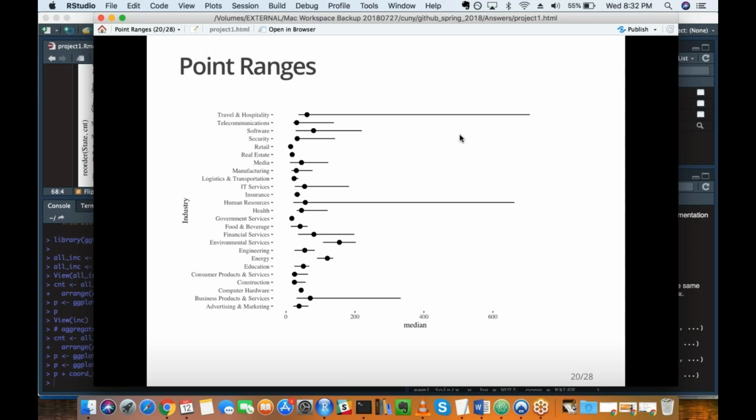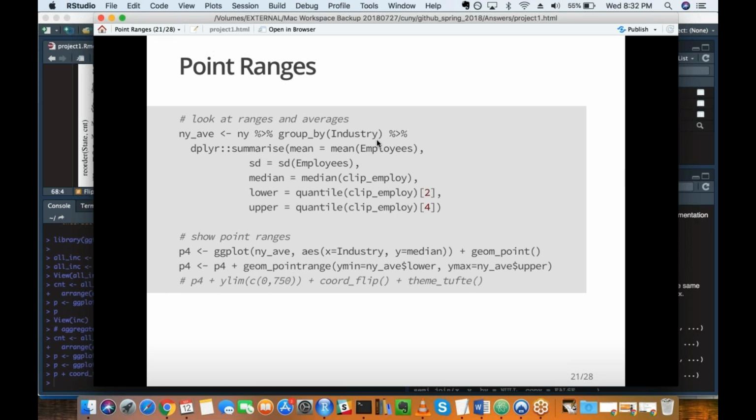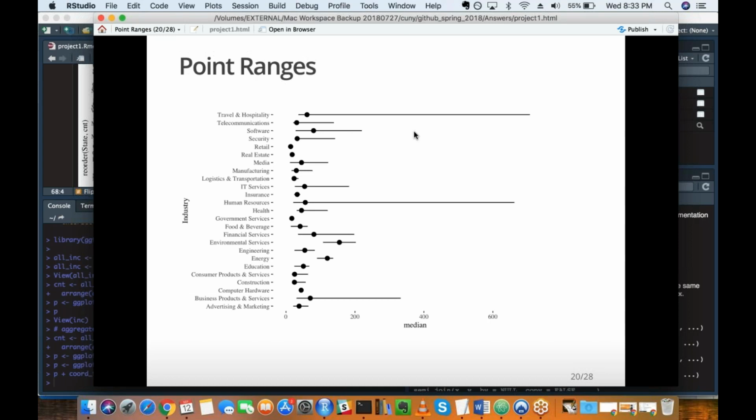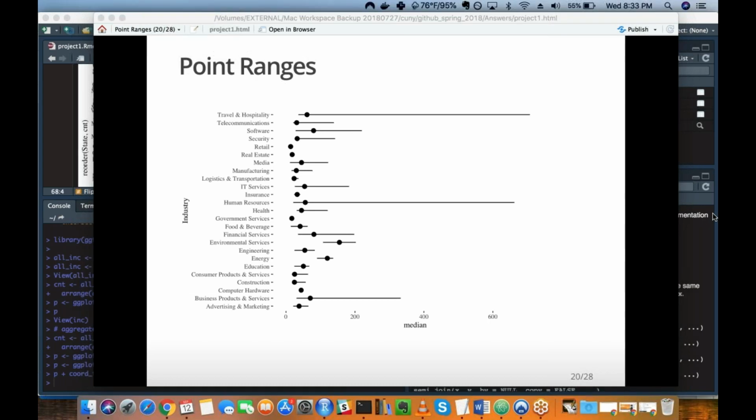All we're showing are these whiskers. And what I actually did, I based the whiskers on the standard deviation. Oh, I actually used quantiles. I thought I used standard deviation. But yeah, you can see I'm looking at the lower and upper quantiles, and using that to show these distributions.